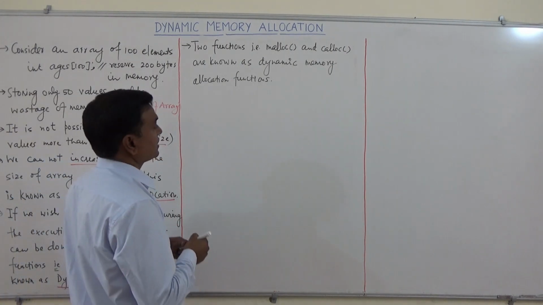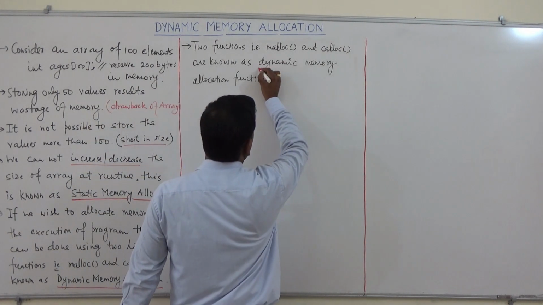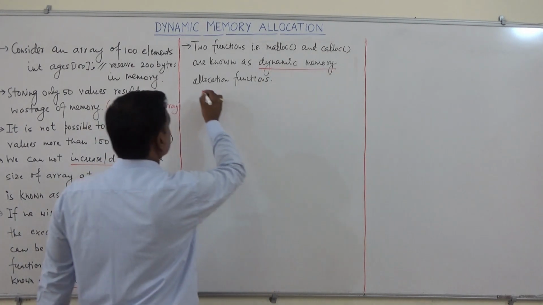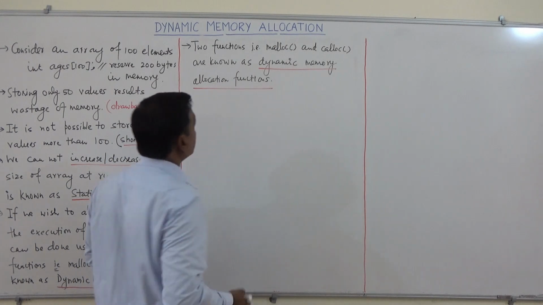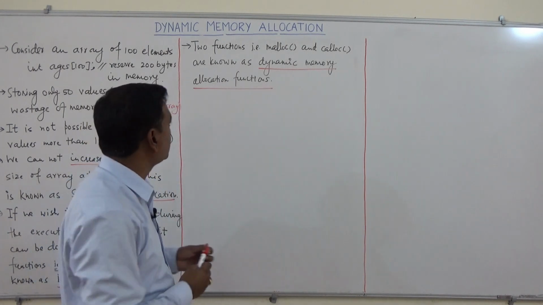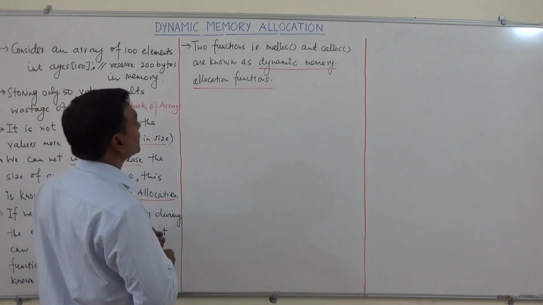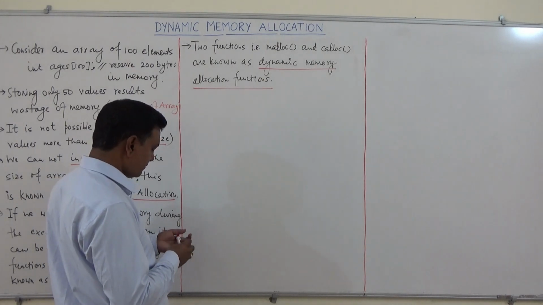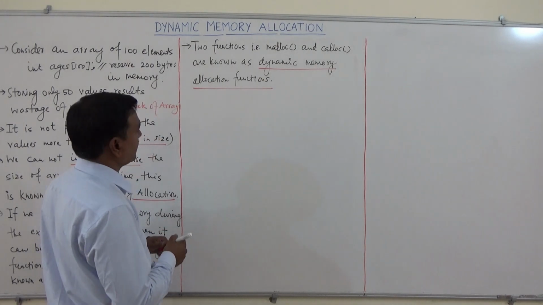So they are known as malloc and calloc. They are known as dynamic memory allocation functions. Now we will see its example.